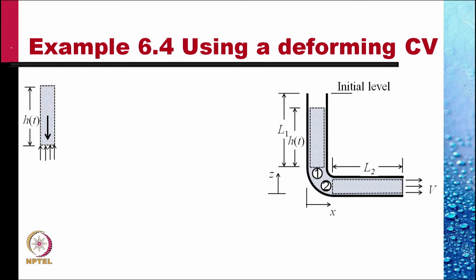For control volume 1, we have shown the forces. There are two forces. One is the weight of the fluid within the control volume, and the other is the pressure force acting upward on the surface at the lower end of this control volume.